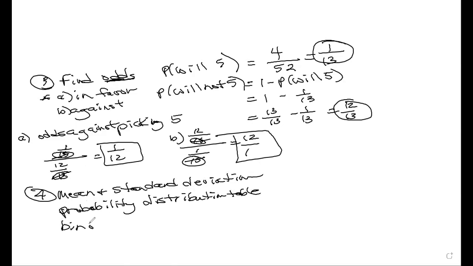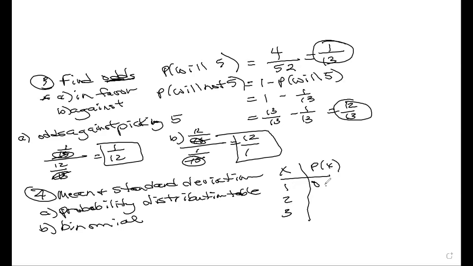And again, if you haven't finished chapter 5, that's not going to make any sense to you. Now, remember, you have those probability distributions. They look like frequency tables, but they have X's and P of X's. So you have some X's over here, maybe a 1, a 2, a 3.